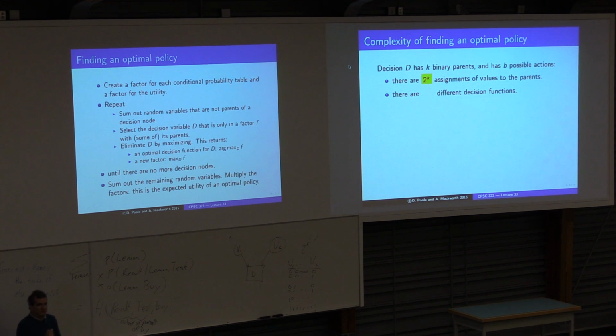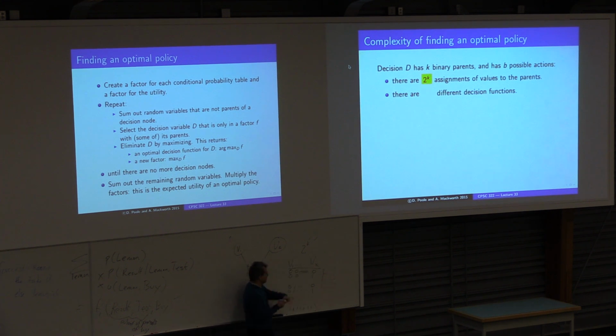How many different decision functions are there? Remember what a decision function is. We have to specify a value for this. We've got to fill in this table, this user interface.